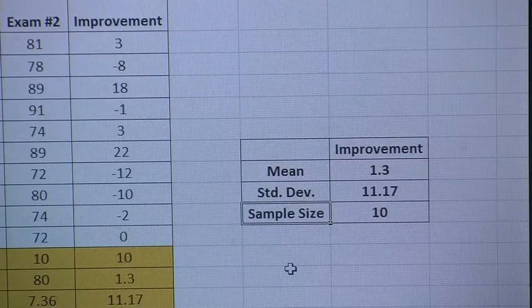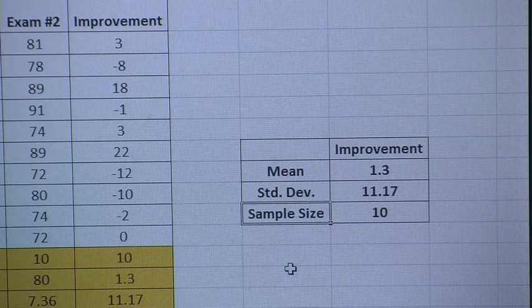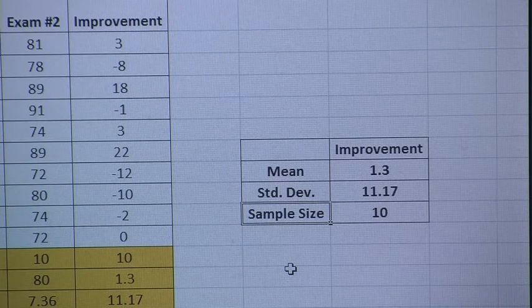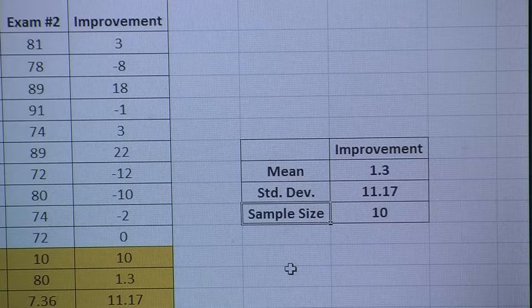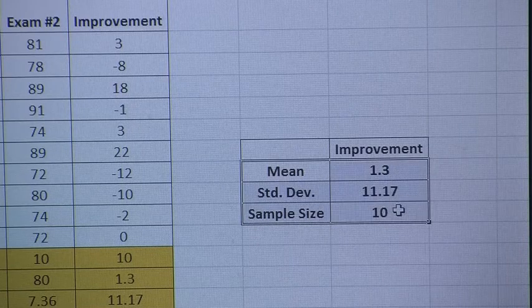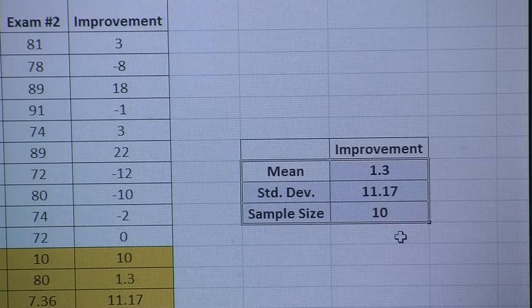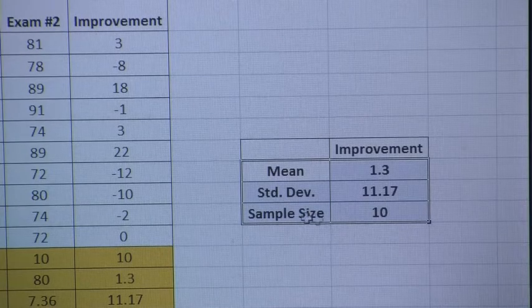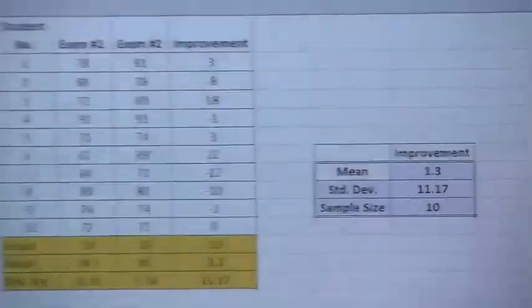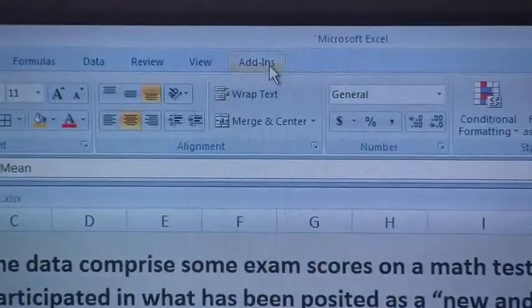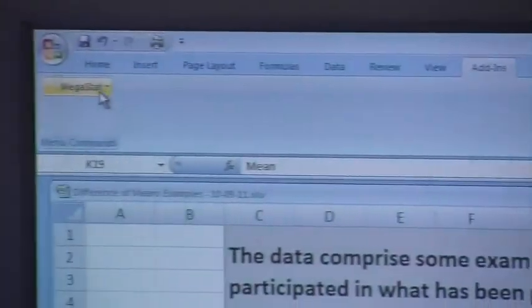You could calculate the observed t-value by hand and look the critical t-value up on page 377 in the text. However, when you only have summary descriptive statistics, MegaStat offers an easy way to run that routine, and that is you just go up to add-ins and you click on MegaStat.